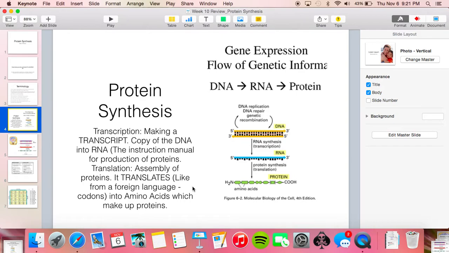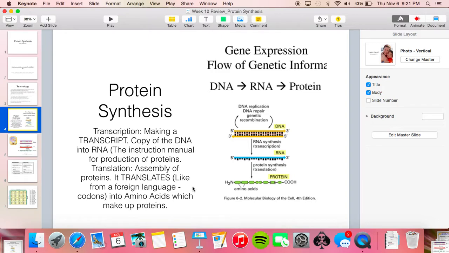Translation is more like assembly of proteins. So it translates. You get these things called codons, and they're 3-base sequences like AUG or UUG or things like that. And to me, that's like a different language. So it has to translate. So it needs a translator, which is the tRNA actually, and it translates it into specific amino acids.